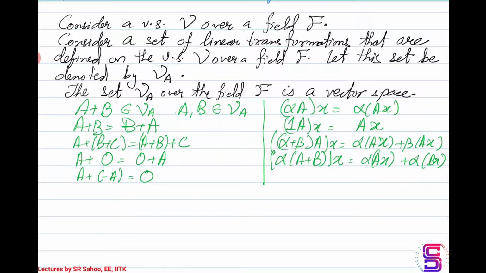Of course, closure is also there. I forgot to mention that closure holds when A belongs to V_A and alpha belongs to the field, and here beta also belongs to the field.